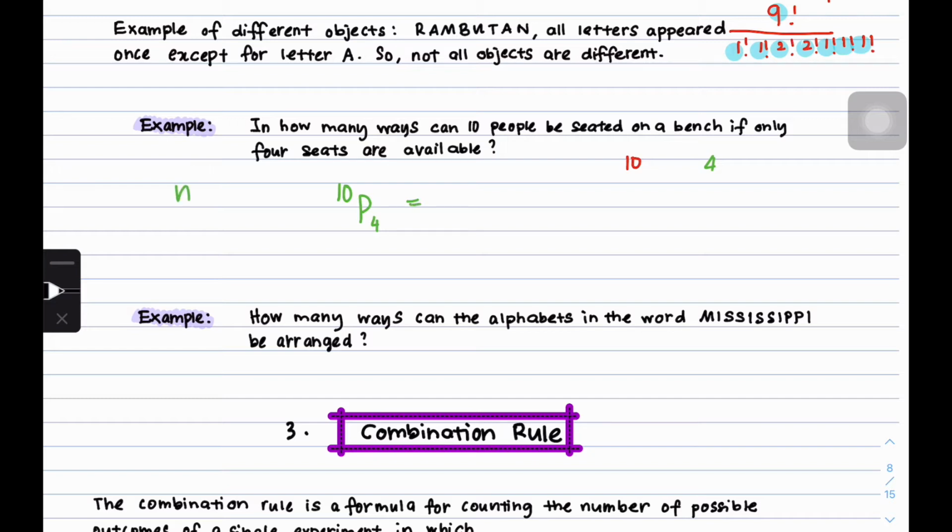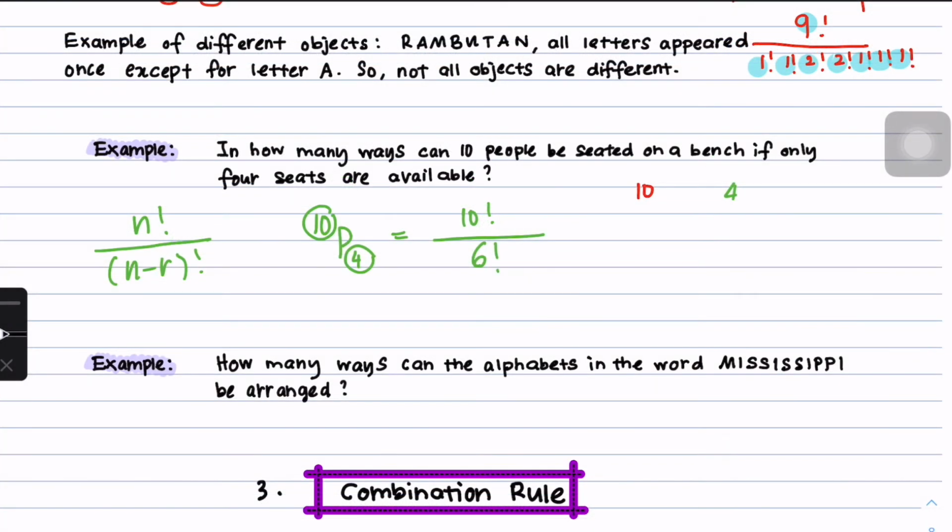The formula is n factorial over n minus r factorial. So this one is n and this one is r. Therefore you have 10 factorial divided by 10 minus 4, which is 6 factorial. So you will get the answer 5040. Either you press the calculator or you use this formula, you will get the same answer.